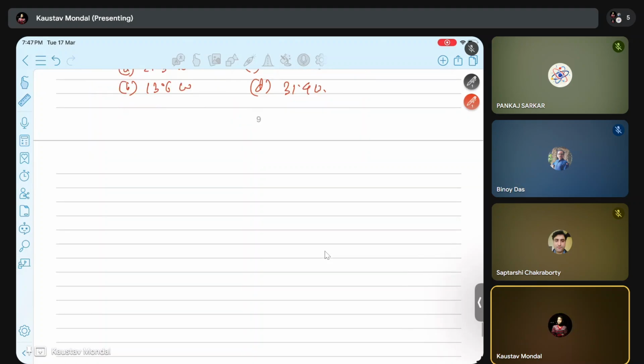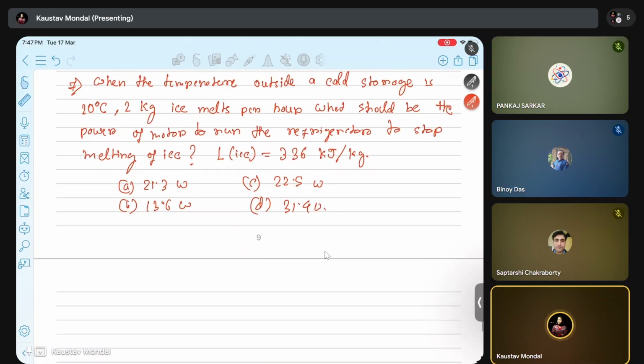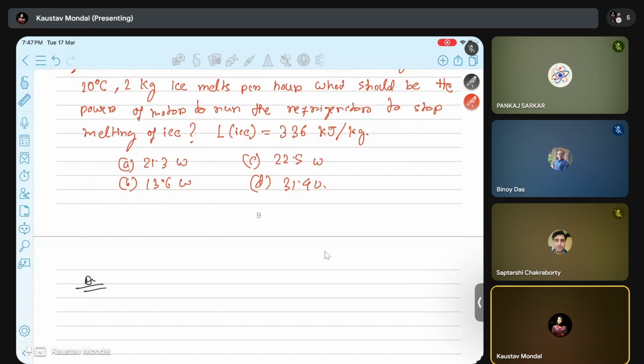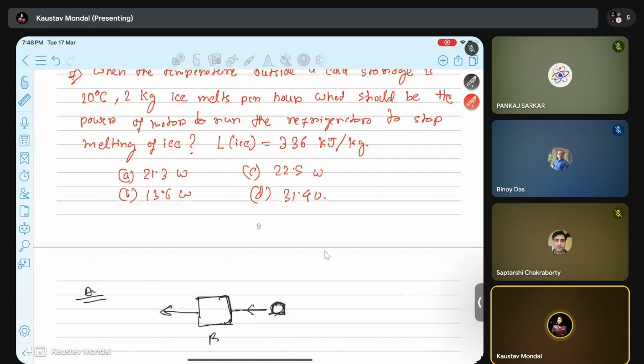So how the refrigerator works here is, this is the refrigerator. In order to keep this ice remaining as ice, it has to pull out the heat from the ice to the outside temperature, that is 20 degrees centigrade.